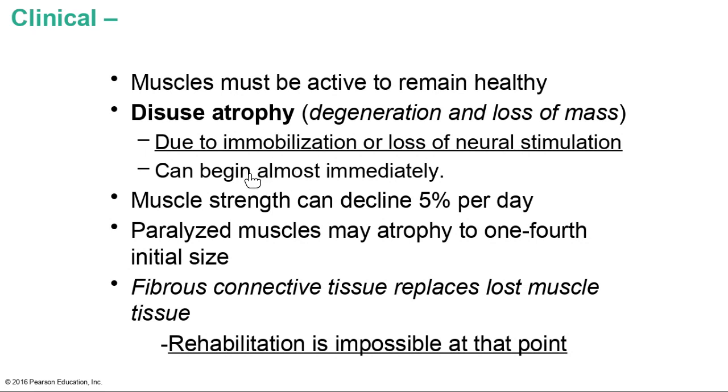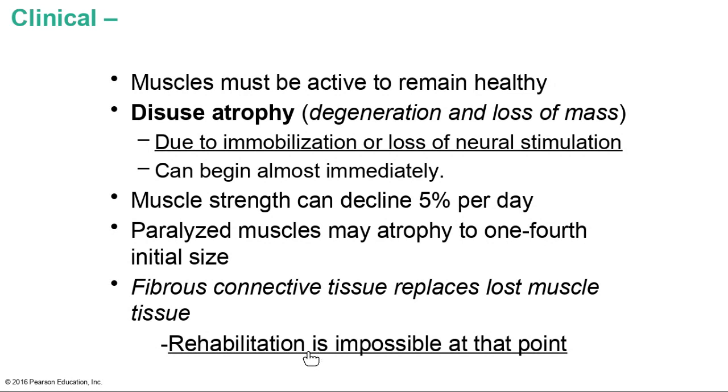So, this bottom point down here is why rehabilitation is so important. If someone has an injury like that, maybe some spinal cord damage, it is really critical that they undergo physical therapy as soon as possible and as often as possible.